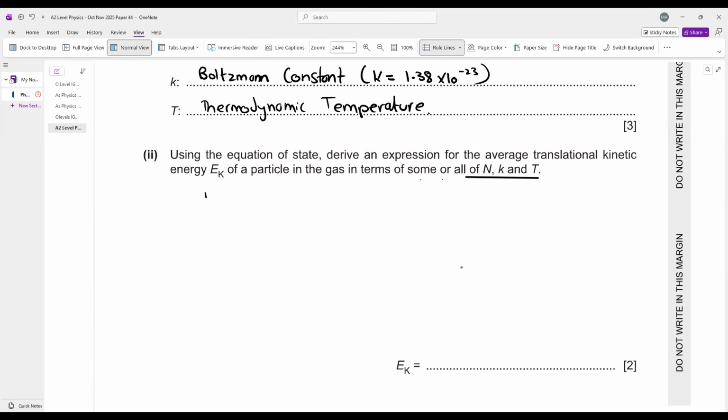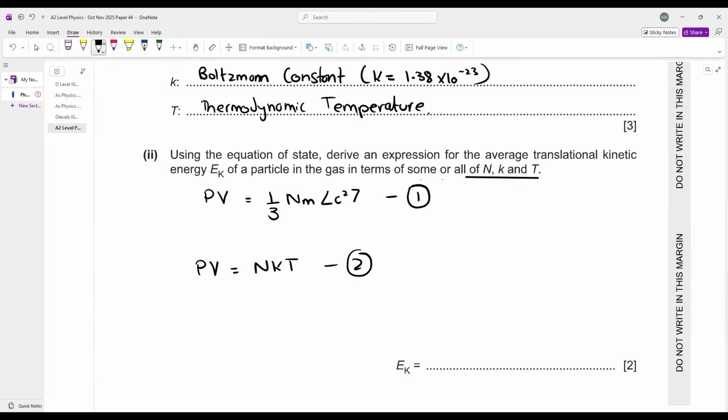We have studied that PV, or pressure times volume, is equal to 1/3 N m c square. This is the first equation that we have studied. We have also studied that pressure times volume is equal to NkT. Can you realize we can equate both of these equations?